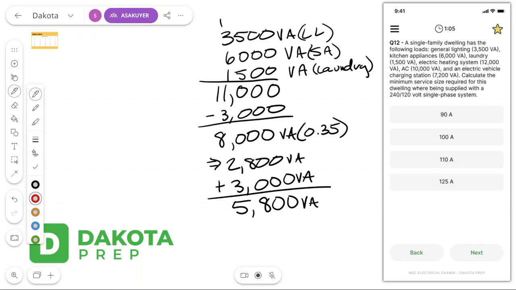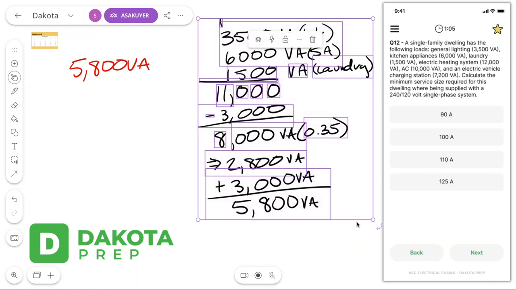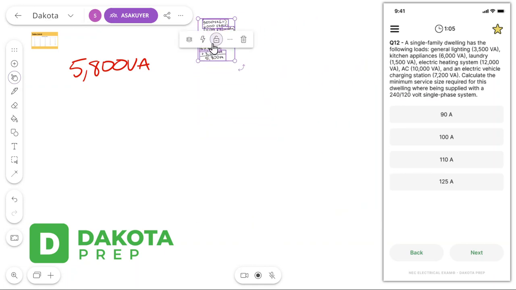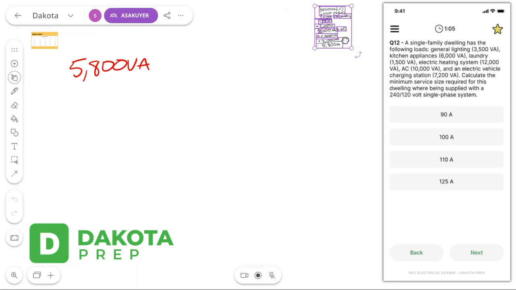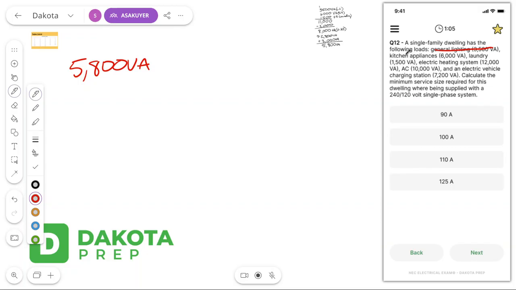So I'm going to write that 5,800 volt amps over here. Anything in red means that's a final number, a number that we're actually applying to our overall load. So general lighting load, check. Kitchen appliances, check. Laundry, check. Those are all done, so let's move on.